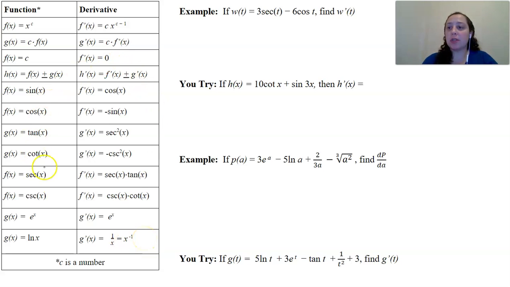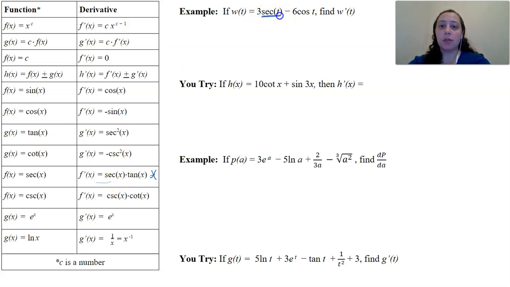So let's use these rules to find the derivatives of these various functions. If w of t equals 3 secant t minus cosine t, find w prime of t. I'm going to look at secant t, so that's this rule right here. The derivative of secant is secant tangent, and I'm going to put whatever's inside.